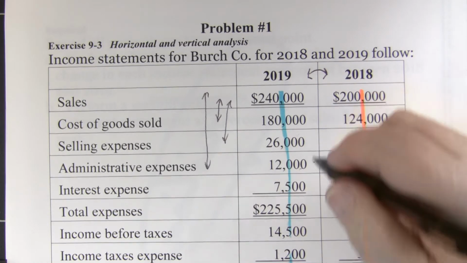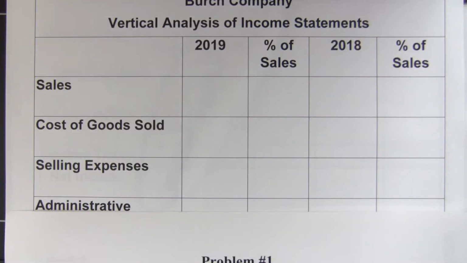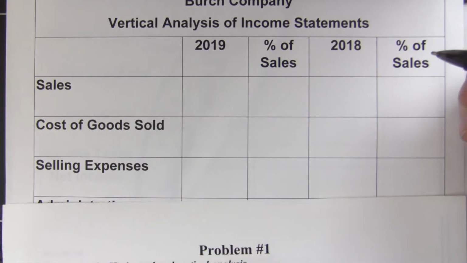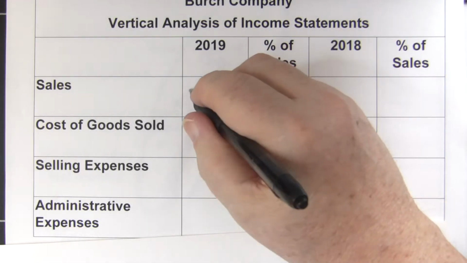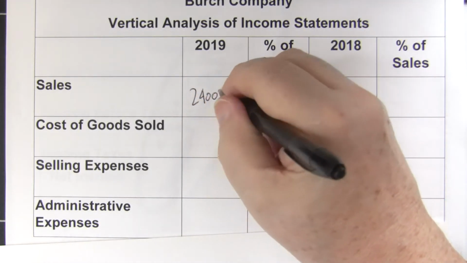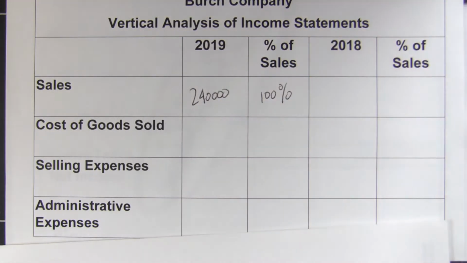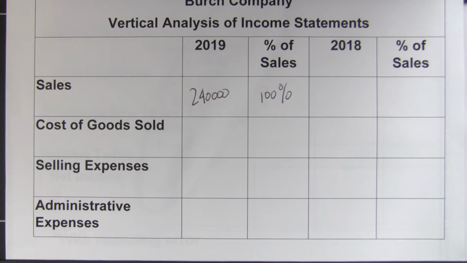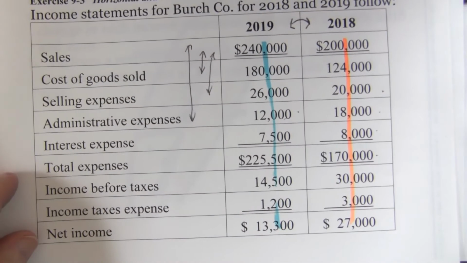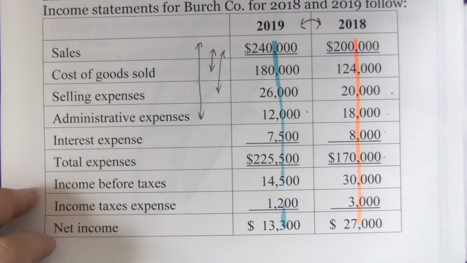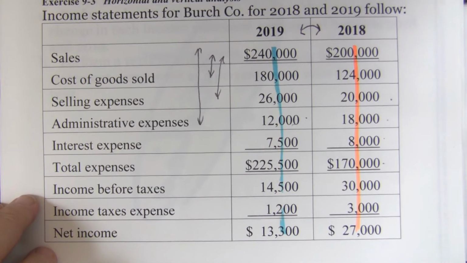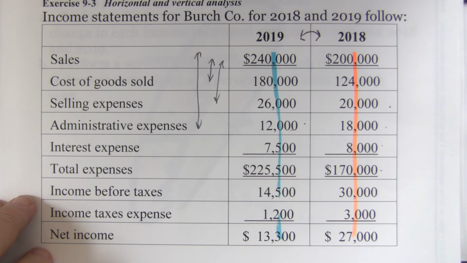So we're going to take cost of goods sold. Sales for 2019 were $240,000. So that was clearly 100% of sales. And we're going to say, okay, our cost of goods sold was $180,000. So 180,000 divided by 240,000, because that's what we're doing.